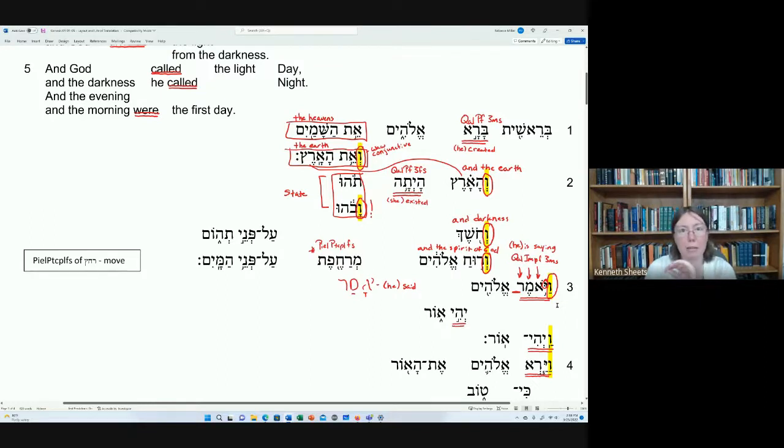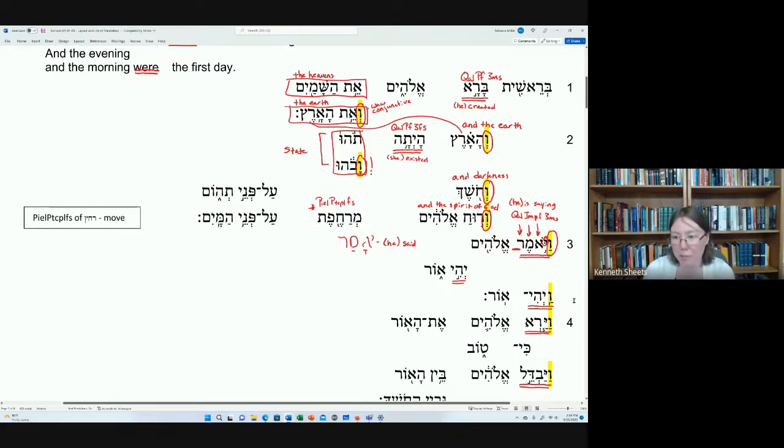Because that vav consecutive on the front here has flipped the aspect. It has made this imperfect verb perfect. It has taken a verb form that would indicate incomplete action, and it has flipped the aspect to make it indicate completed action. So thus, I would not translate this as "he is saying," but under the influence of the vav consecutive, flipping the aspect, I would translate it as "then he said."